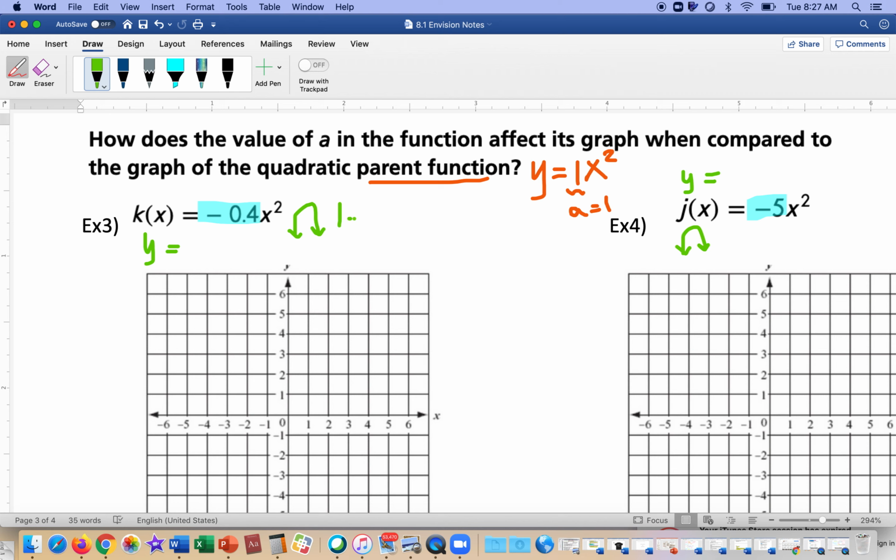So if we say negative 0.4, the absolute value is 0.4. When it's less than 1, it's opposite of intuition. It's going to be wider than the parent function.